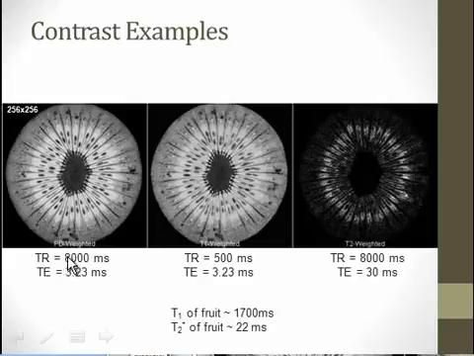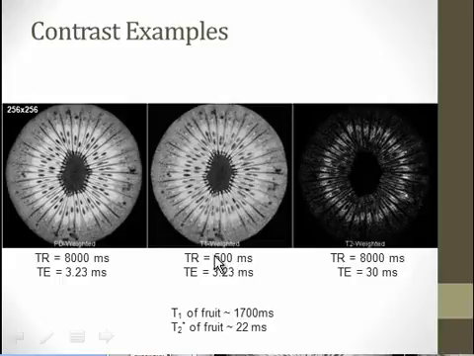Now for T1 weighting, I wanted my TE to be much less than T2 star, but TR just has to be moderately short. That's why I selected 500. Again, that was just a guess, really.